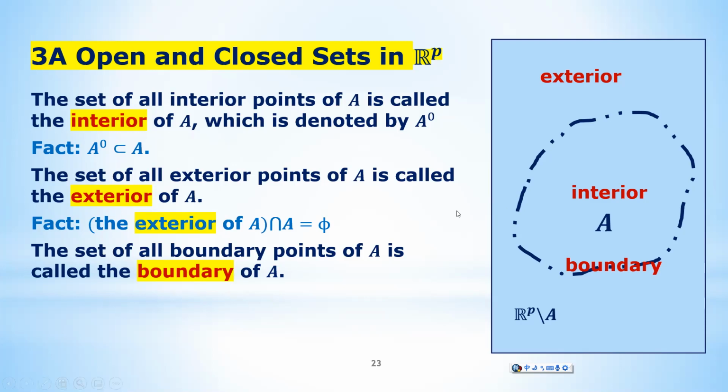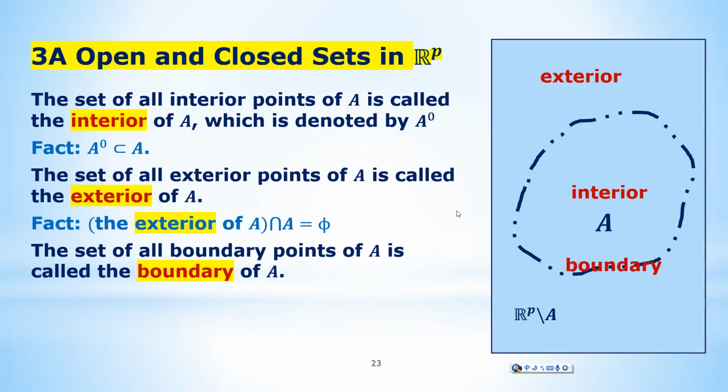Yeah, that's a very good question. The exterior of A is the set of all the exterior points. It's different from the complement of A. Of course, it's different. For instance, suppose A carries some boundary points, a part of the boundary is in A, a part of the boundary is not in A. In this case, the complement must contain some points of the boundary.